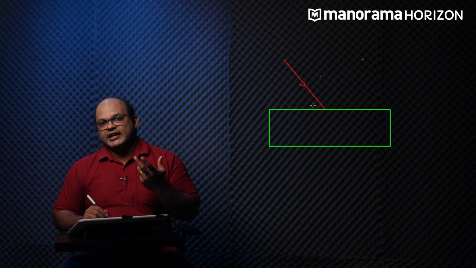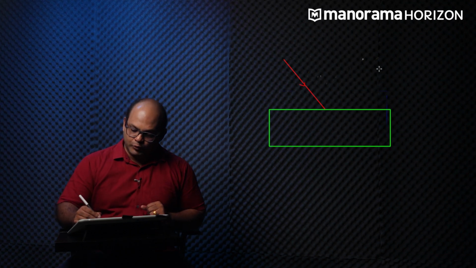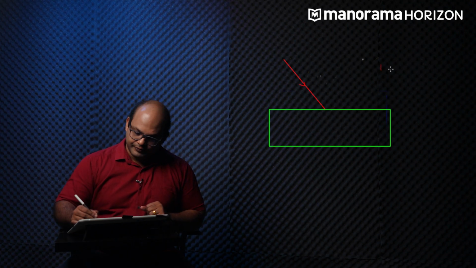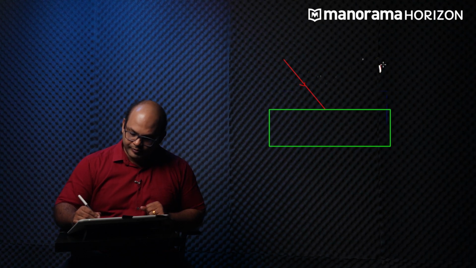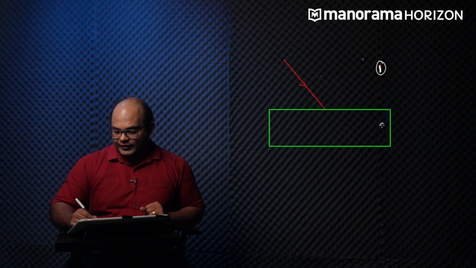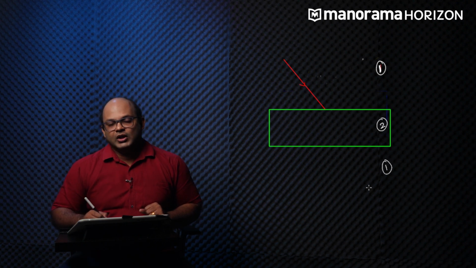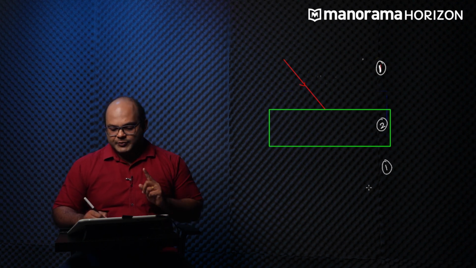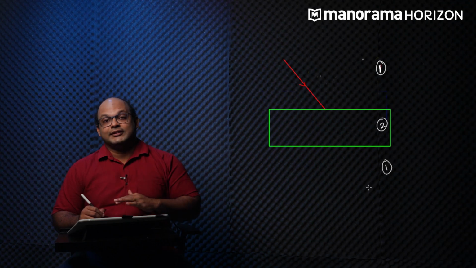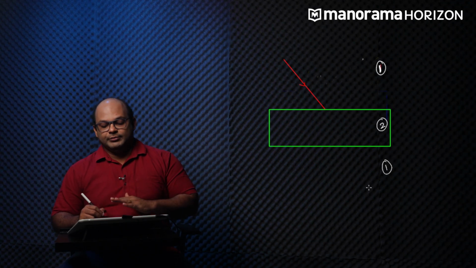What behavior can we expect from the slab? So we have two media. We have medium 1, we have medium 2, and again we have medium 1. What do we expect to happen? Especially given that the speed of light is greater in medium 1 compared to medium 2.